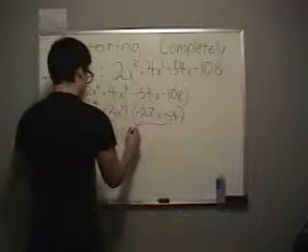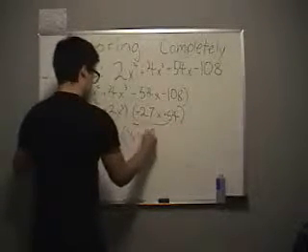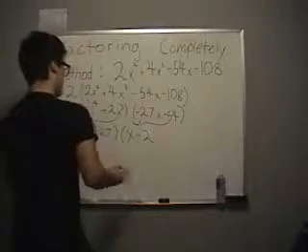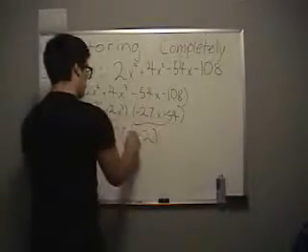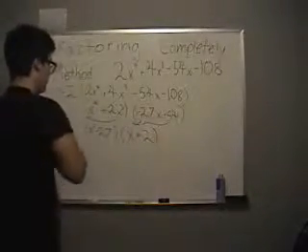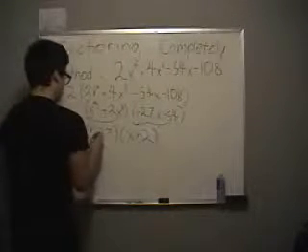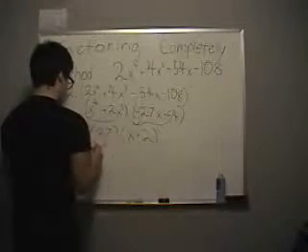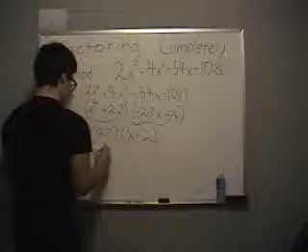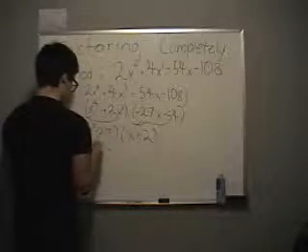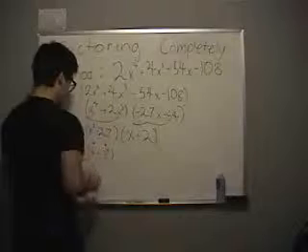Both groups would end up equaling x plus 2 or x minus 2. And you would take the two terms that you took out of the groups and put them into their own group. So it would be x cubed minus 27 times x plus 2.